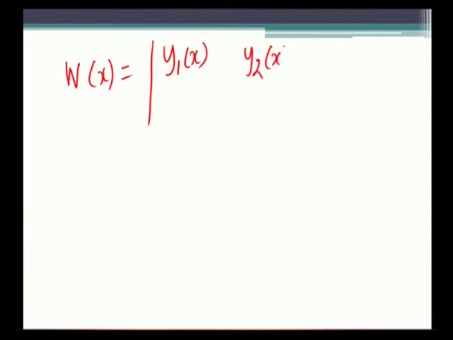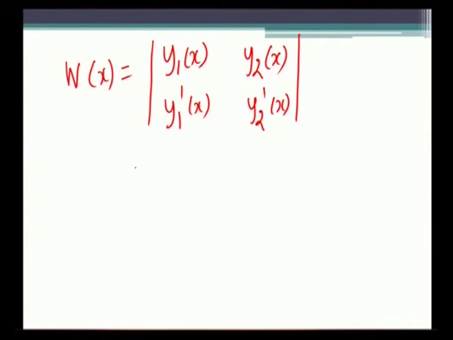The Wronskian is written as W of x is equal to the determinant of y1 of x, y2 of x, then y1 prime of x and y2 prime of x. This is the Wronskian of the given solutions.